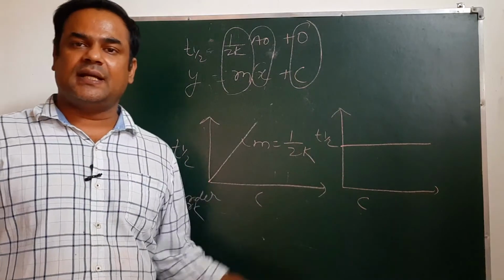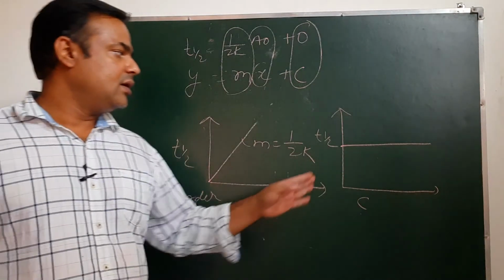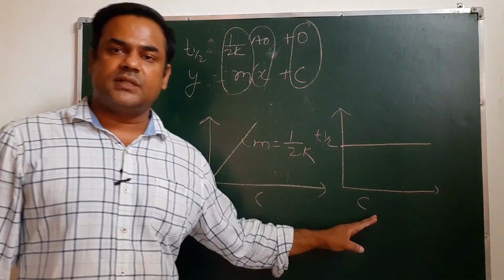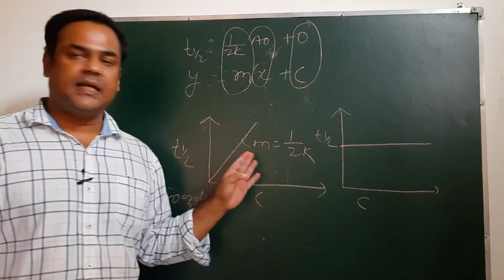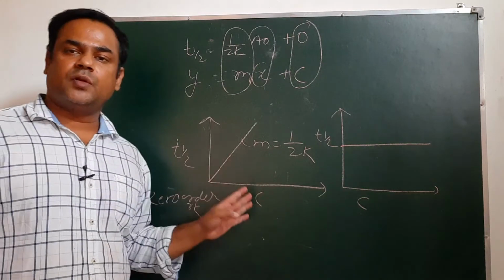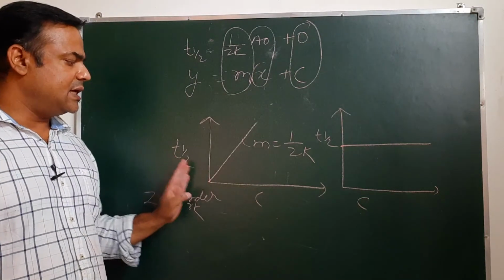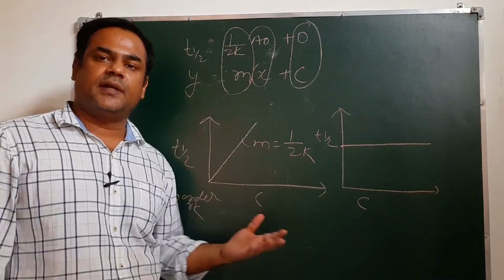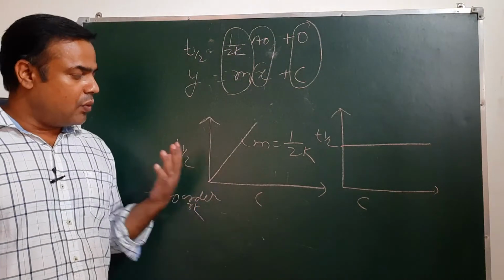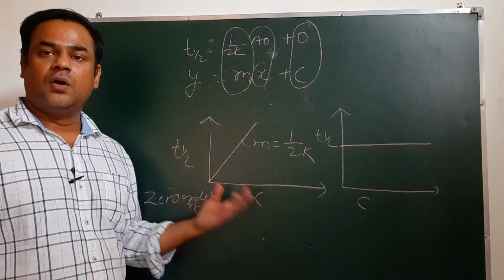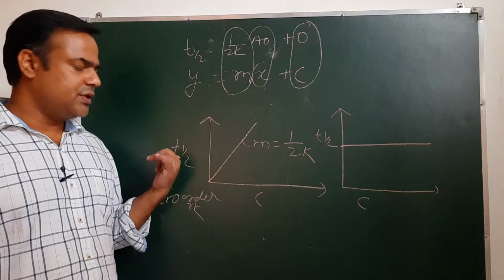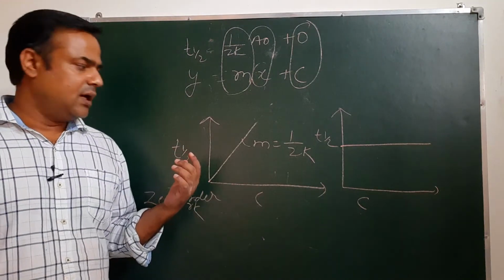So this graph says that half-life time in case of first order reaction is independent of concentration, and this graph says that half-life time in case of zero order reaction is directly proportional to concentration. Directly proportional means the more the concentration of reactant, the more will be its half-life.